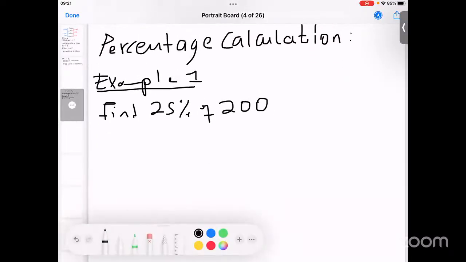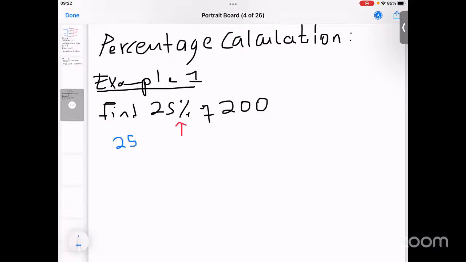Because what you need to know is that this thing, percentage, it means out of 100. In other words, it means you are having 25 out of 100. And then that word "of" simply means you just multiply that by 200. So that's how you easily work it out, honorable member, and you punch it on a calculator.